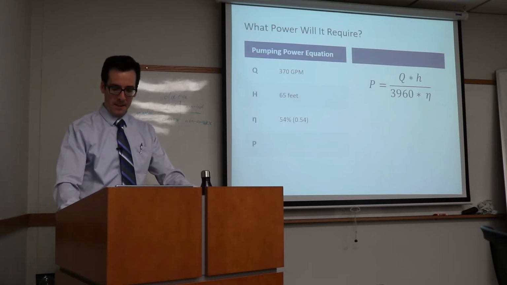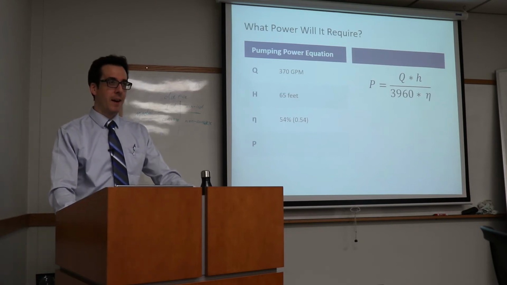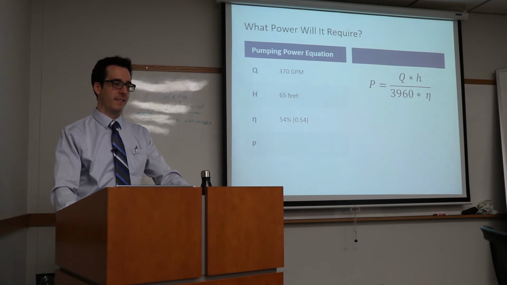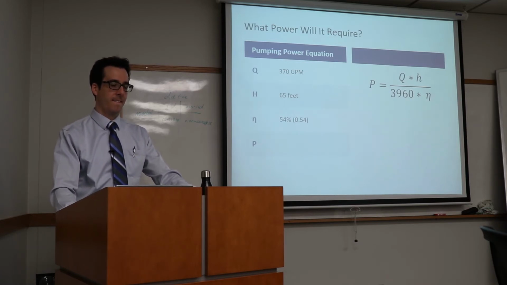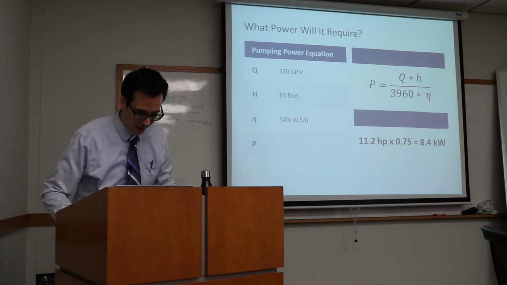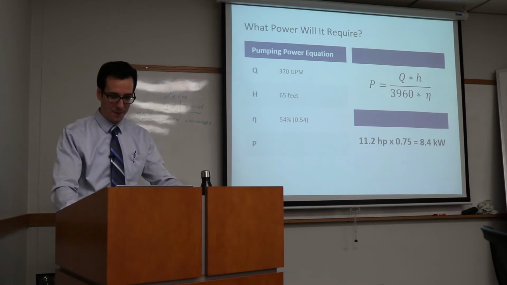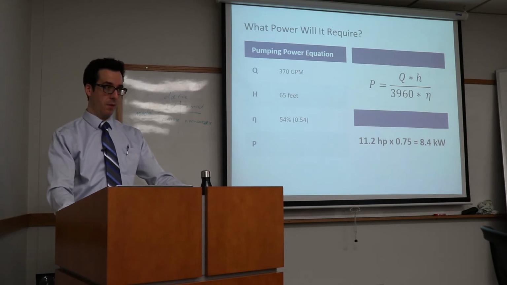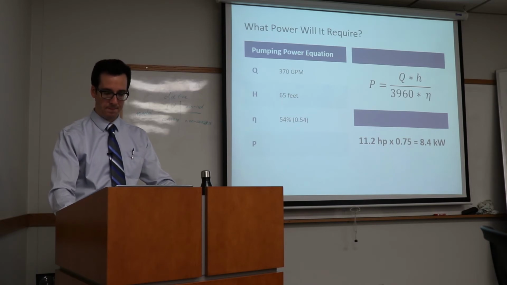So how many kilowatts are we talking then? 8.4 kilowatts. So we got our horsepower: 370 times 65 over 3960 times 0.54 gives us 11.2 horsepower. Then we multiply that by 0.75 and get 8.4 kilowatts.